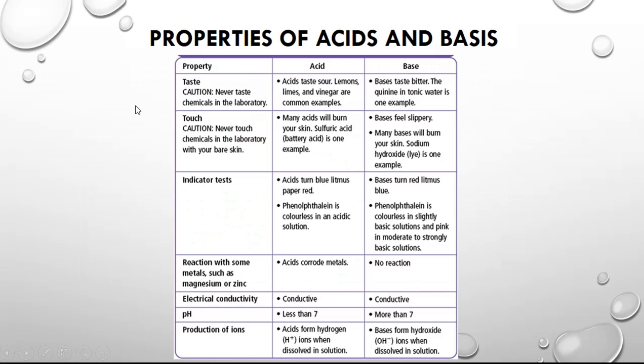This table here shows the properties of acids and bases. The property is shown in the first column. The second column would be the description of the acid for the particular property, and the third column pertains to the description for the base.